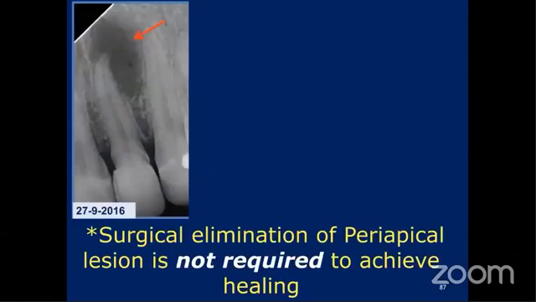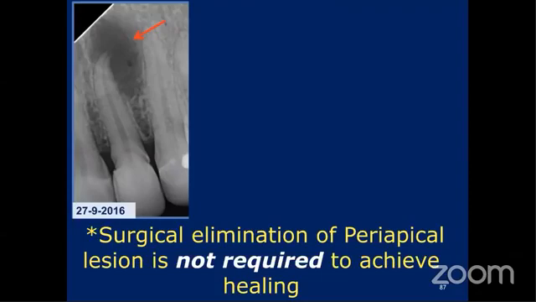Another message. Another case here, you can see a big periapical lesion, and my colleague here was planning to refer it for surgery. I told him, why not give it a chance for treatment?